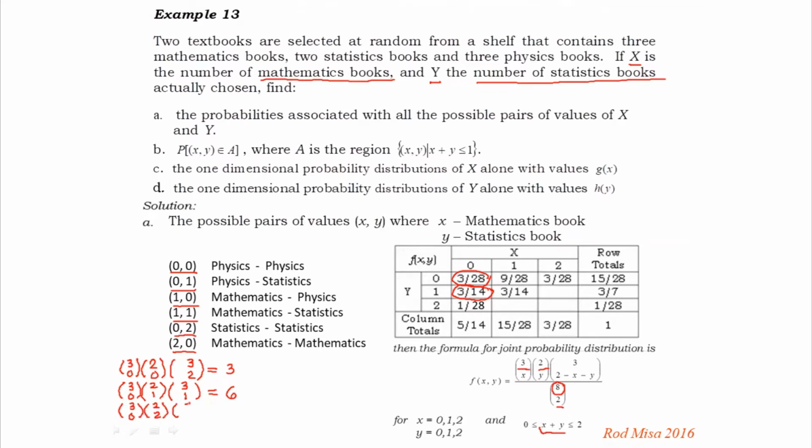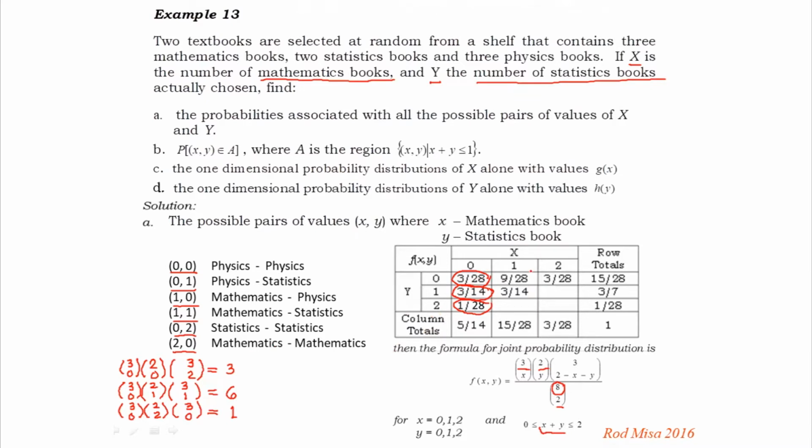So therefore, there is no physics book. Multiplying 3 taken 0, which is 1, and 2 taken 2, which is also 1, and 3 taken 0, which is also 1, the product is also 1. Therefore, the probability value when your x is 0 but your y is 2 is equal to 1 over 28.